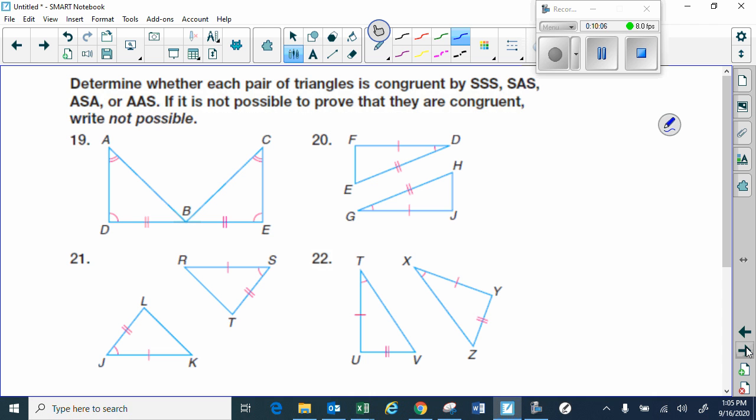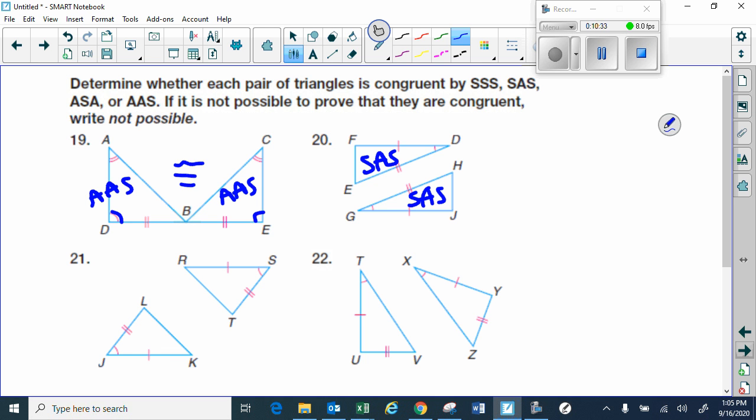Here, we're determining the same thing. So here we have AAS on this one, and here we have AAS. And their S is next to the right corresponding angle of one arc and one arc. So that is true. So they are congruent by AAS. Here we have SAS and SAS. So both of them are SAS, so that works.